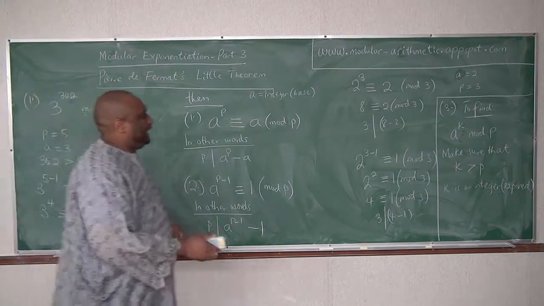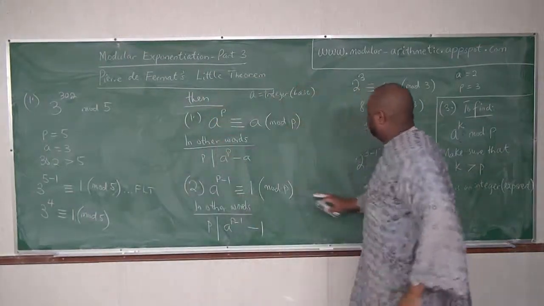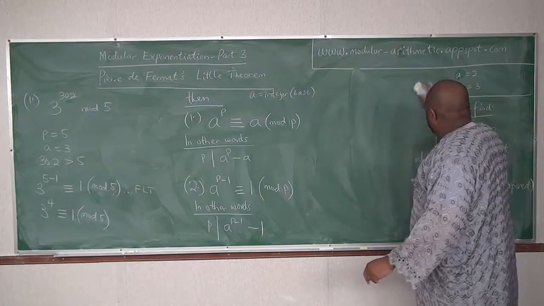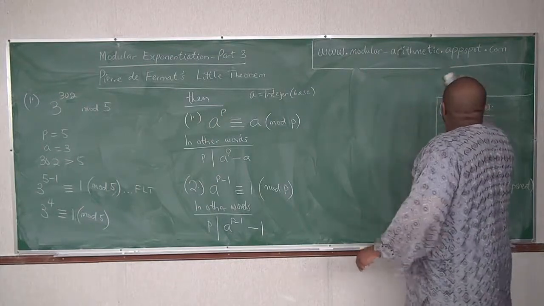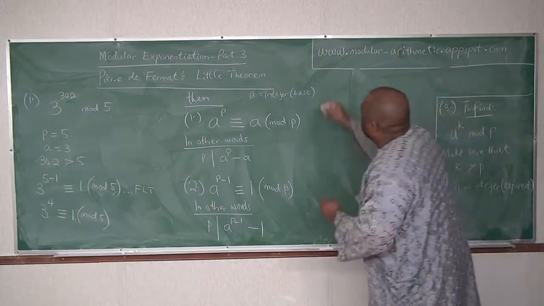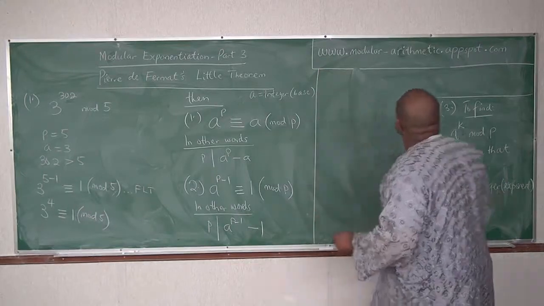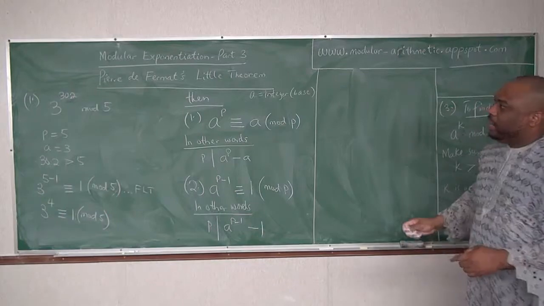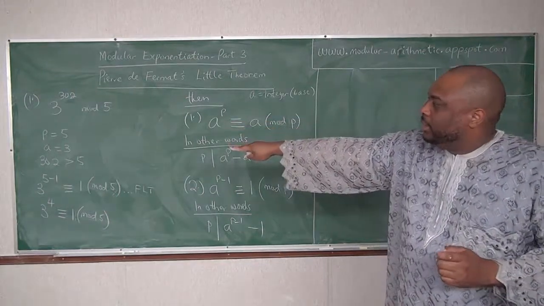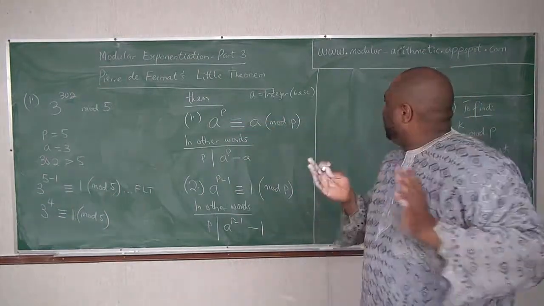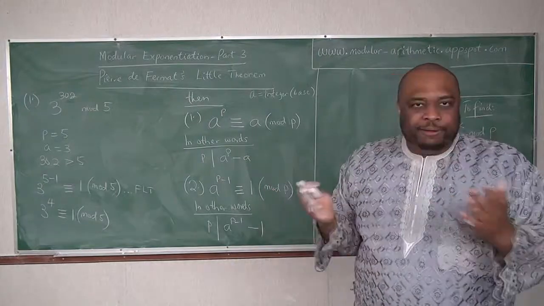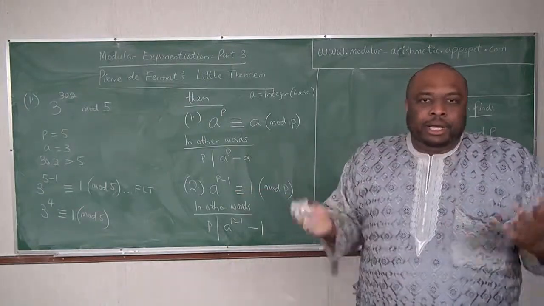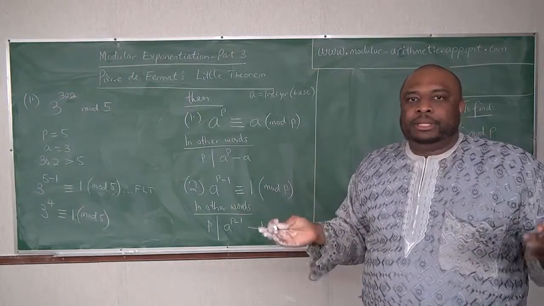So what do I do next? I'm going to leave these, and then I'll just solve this here. I now want to look at 302. The first thing I do is divide 302 by 4, since I know that 3 exponent 4 is congruent to 1 in mod 5.